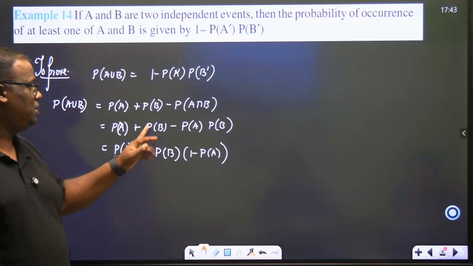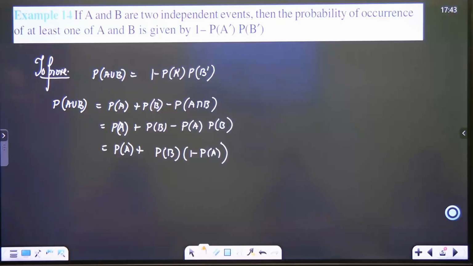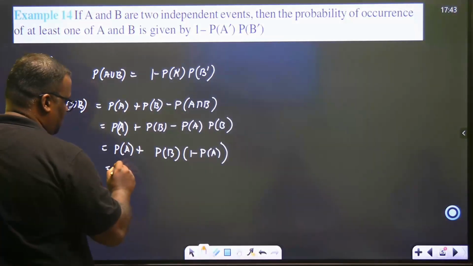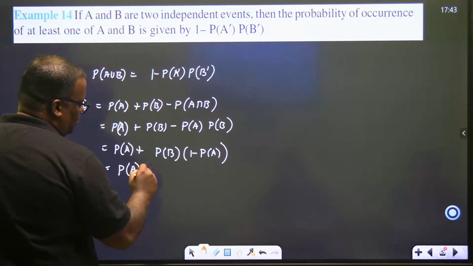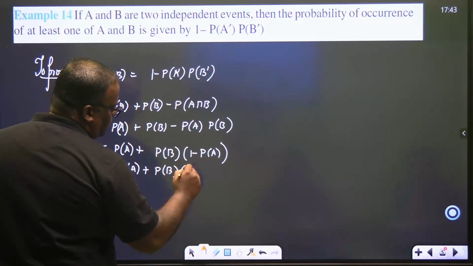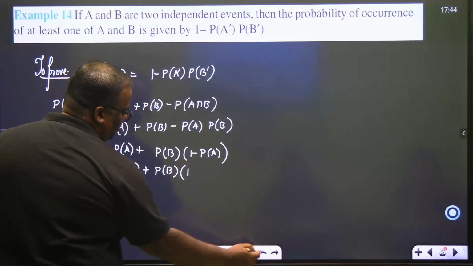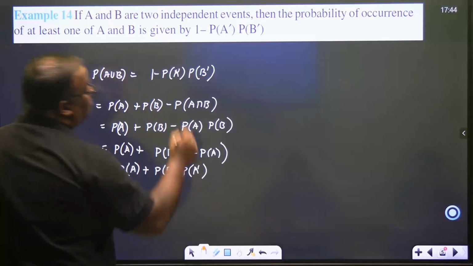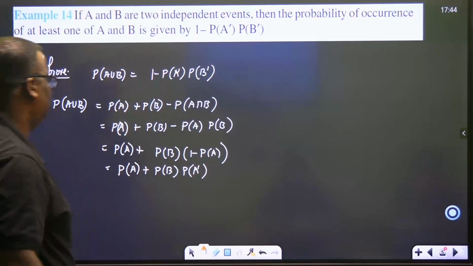I've taken P of B common, 1 minus P of A. What will I get? A complement. P of A plus P of B into P of A complement, sorry. See, P of A complement has come.